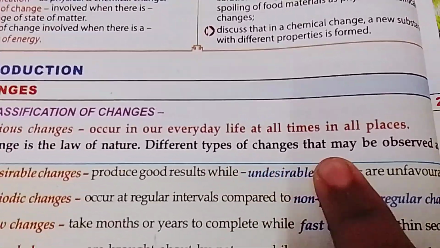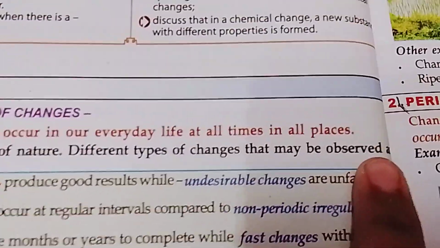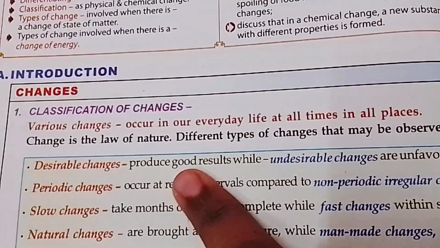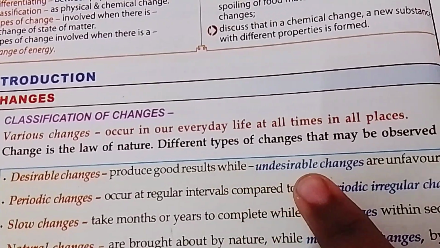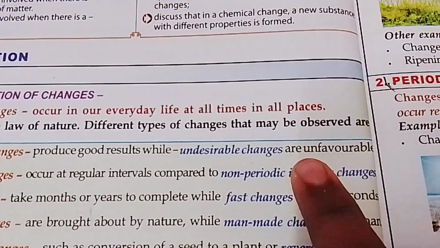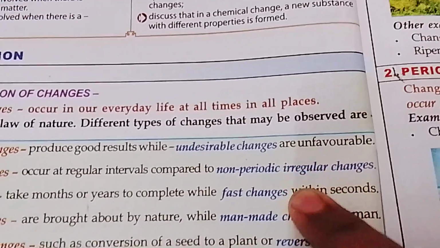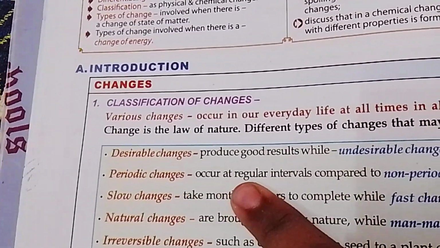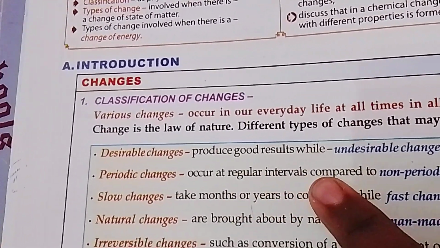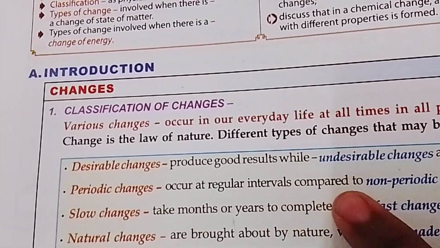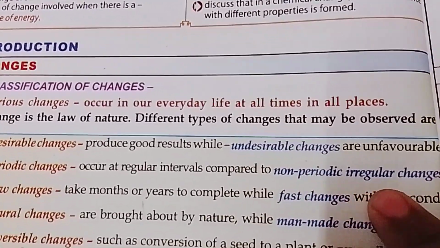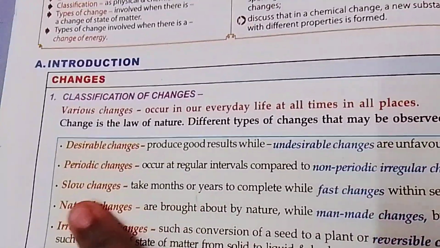Different types of changes that may be observed are: desirable changes produce good results, while undesirable changes are unfavorable. Periodic changes occur at regular intervals compared to non-periodic irregular changes.